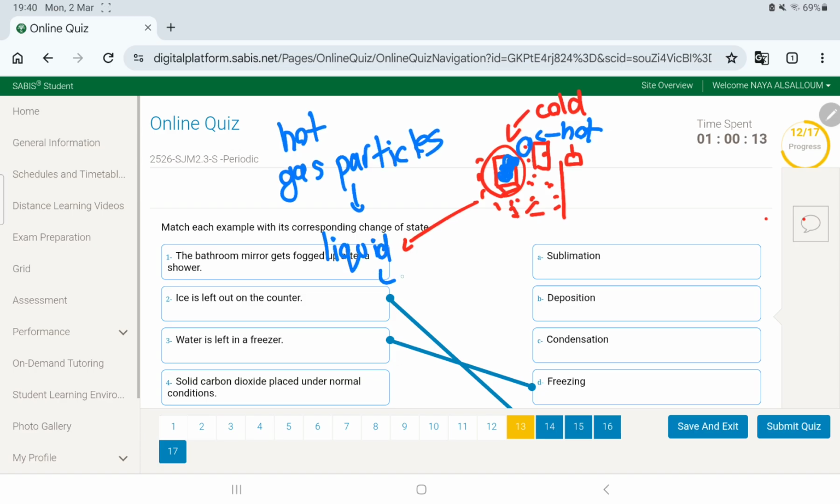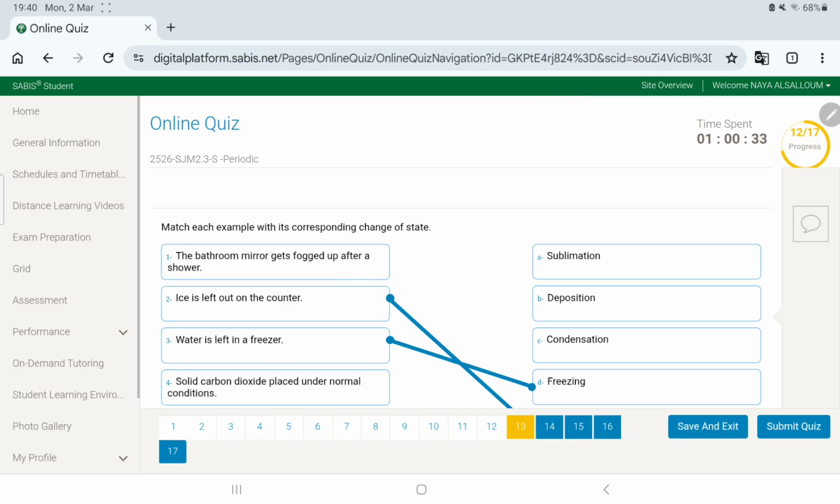When it touched a cold surface. Okay? So, when hot gas particles change into a liquid, so gas to liquid is condensation. So this one is condensation.